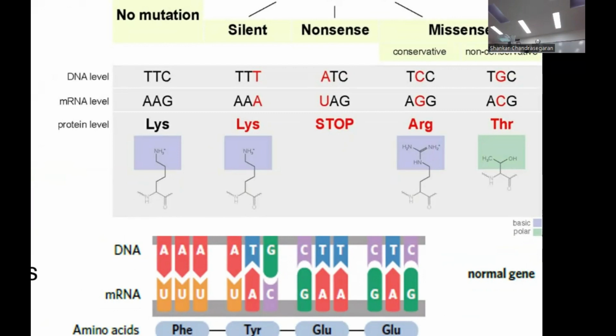When you transcribe it into mRNA, this is your template strand, this is your coding strand. So T will code for an A, T will code for an A, C will code for a G. And when you make it into a protein, AAG, if you look at your table for the proteins, it will code for an amino acid known as lysine. That is the normal expression.